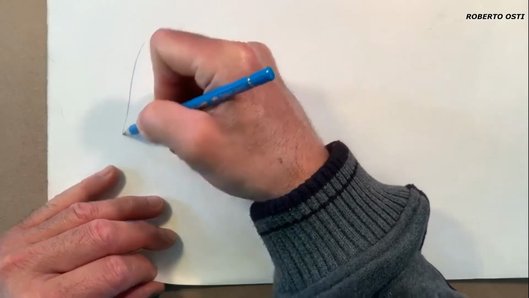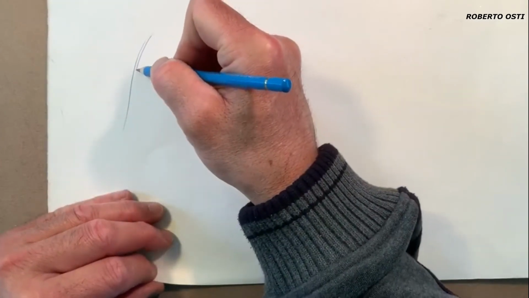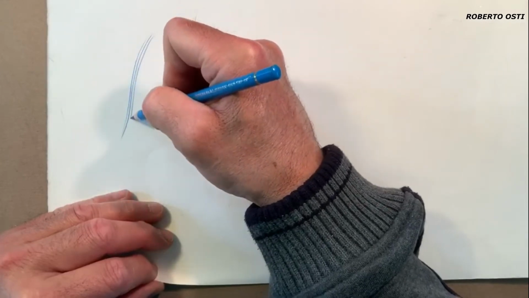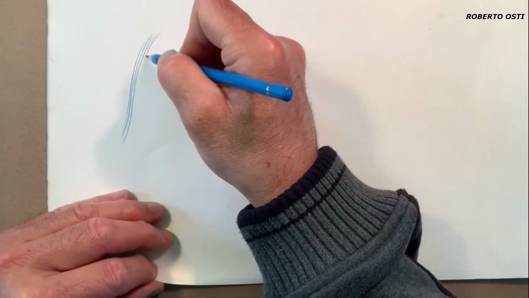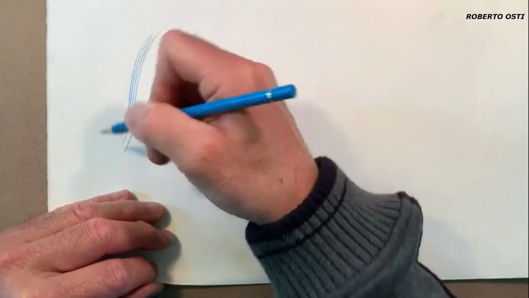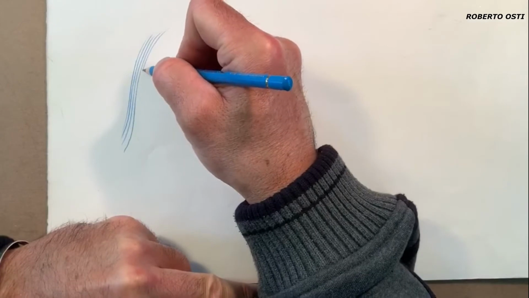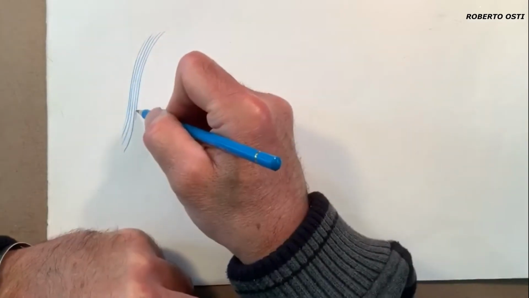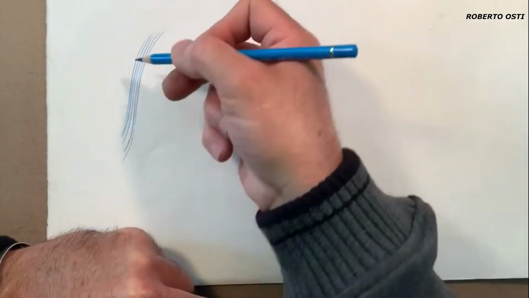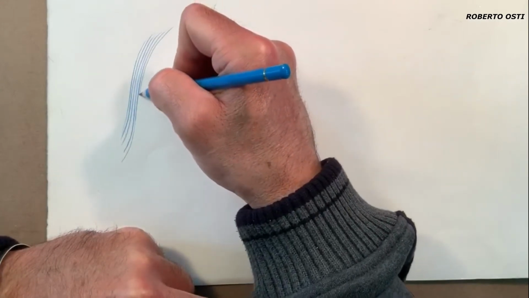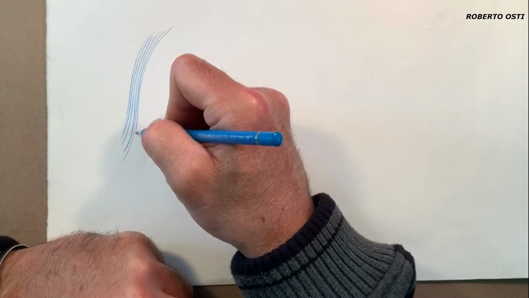It's going to end up with an abstract drawing. Go as much as you can precisely next to the other line. Maybe you can space out the line a little bit more here and there, but start thin and push, and then ease the weight on the pencil, and you're going to create lines of different thickness.